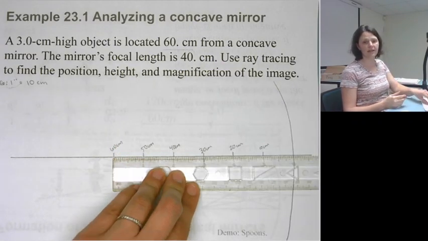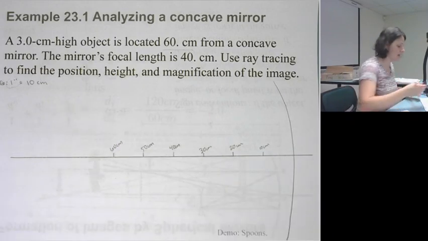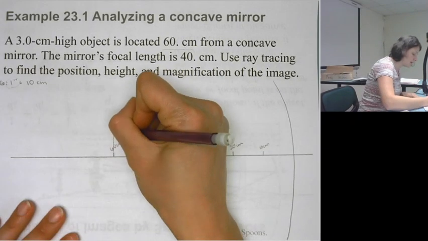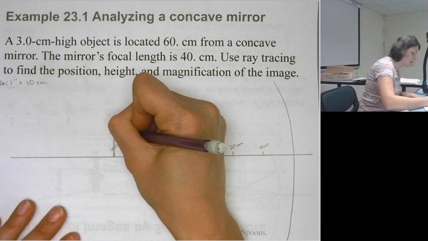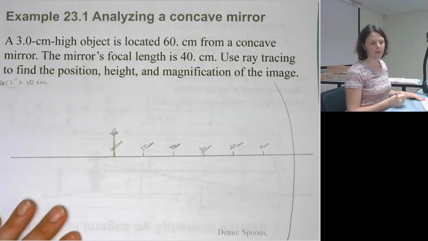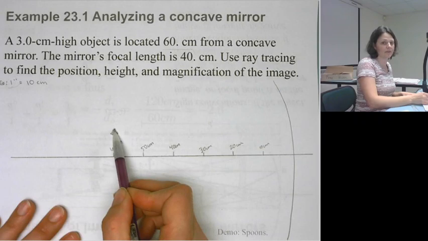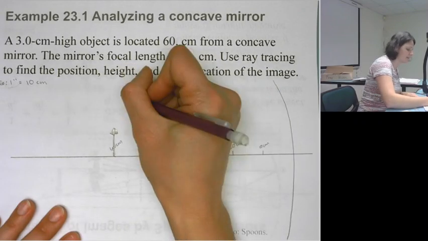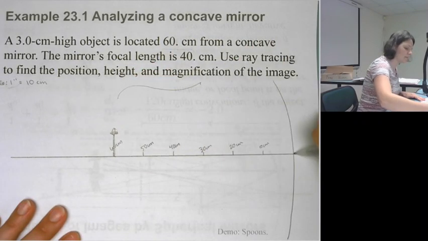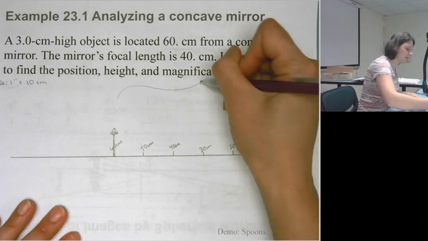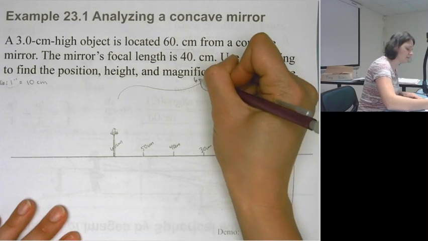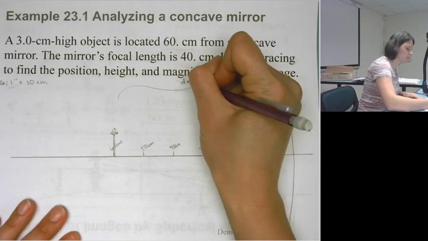So at the location where there is the object, I'm going to draw an object. And the simplest thing for an object is to draw an arrow, okay? And so for our ray diagram, we're going to imagine rays of light coming out of the tip of this arrow. So that's my d object, is 60 centimeters away.